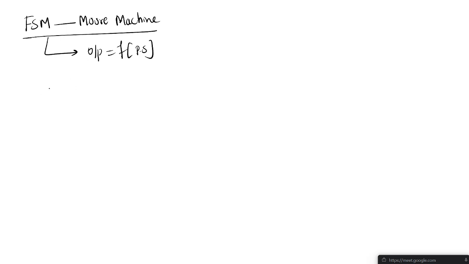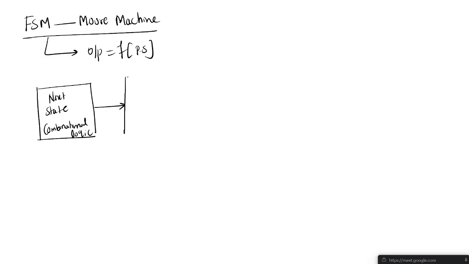So how can we draw the Moore machine? You have the next state combinational logic, and next you have the state register, and next you have the output combinational logic.